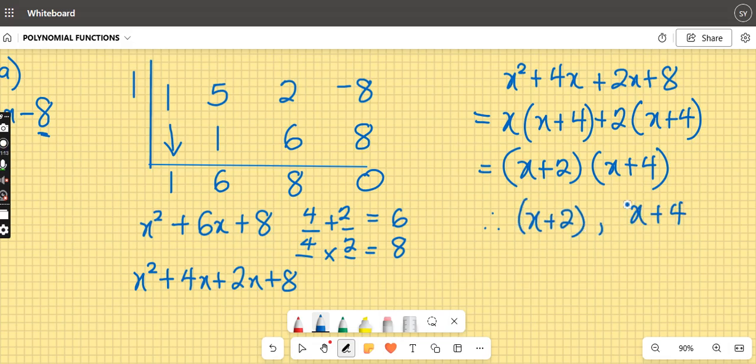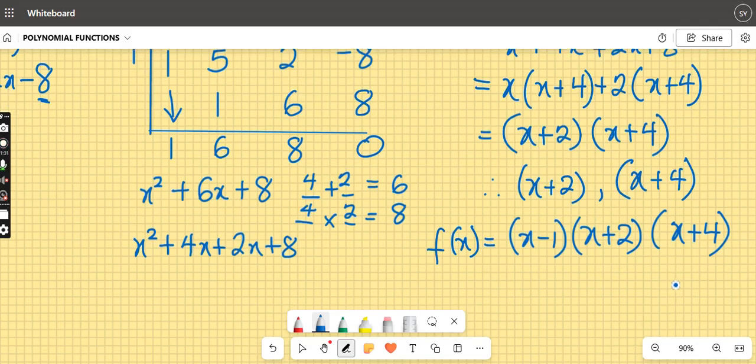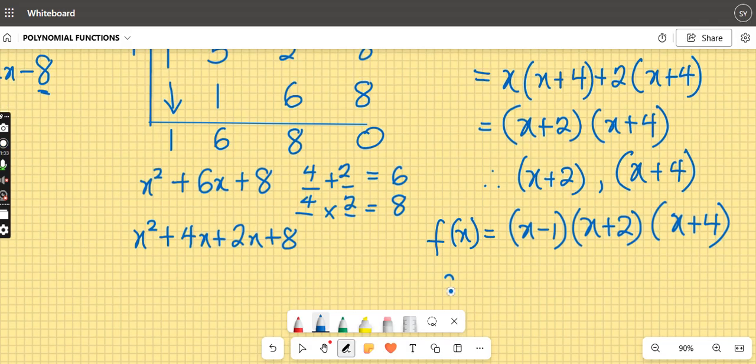And so if we were to completely factorize our function f of x, we'll pick the first factor, x minus 1, the second factor, x plus 2, and the third factor, x plus 4. If we were to find the zeros, we would say that x minus 1 equals 0, x equals 1.